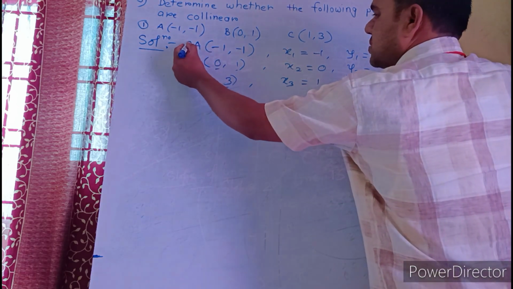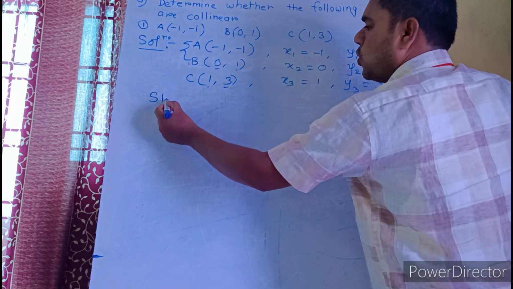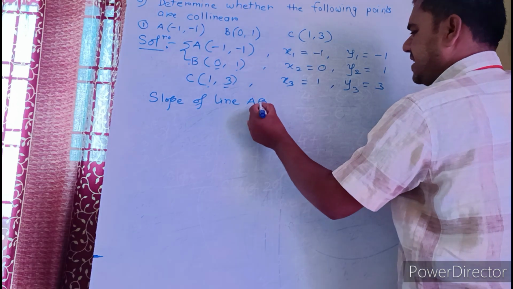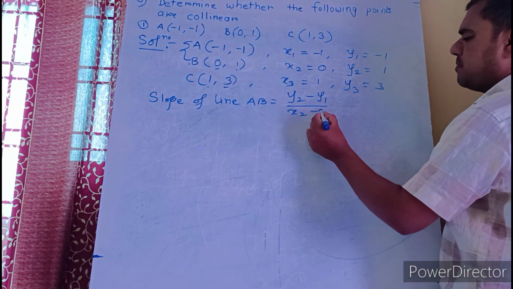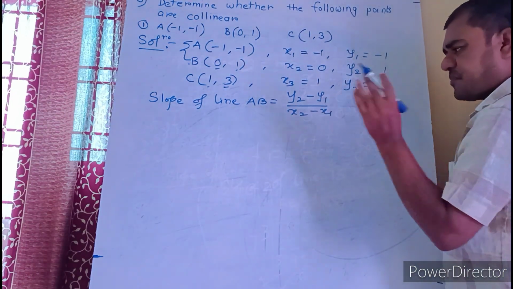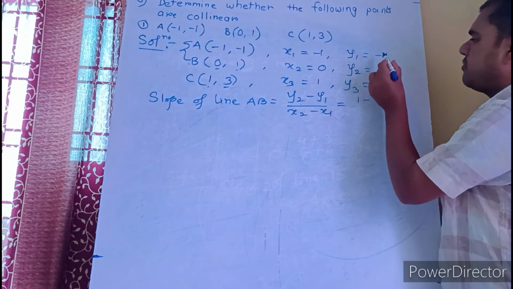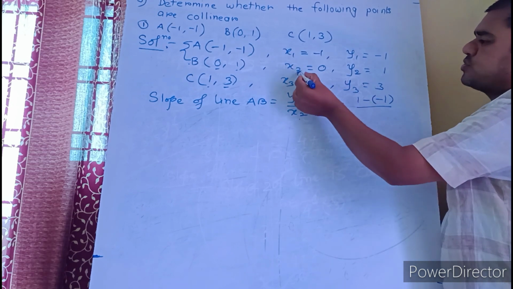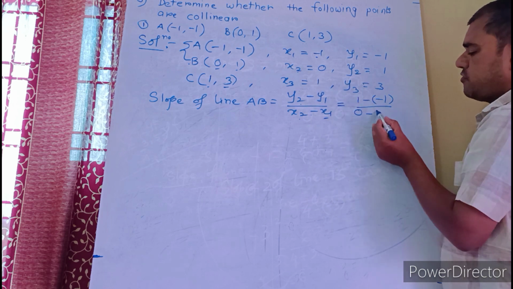It means we have to first find the slope of line AB. Therefore, the slope of line AB is equal to (y2 minus y1) divided by (x2 minus x1), the formula for the slope of a line. By putting the values in this formula, y2 is 1 minus y1, which is minus 1 in brackets, divided by the value of x2, this 0, minus x1, meaning minus 1.